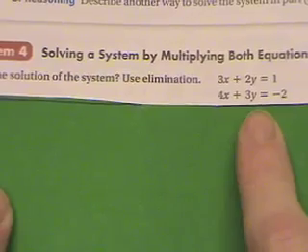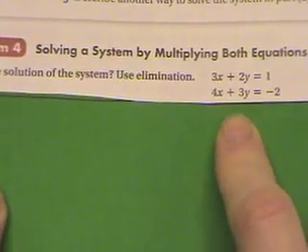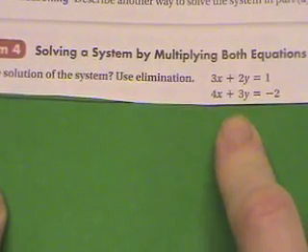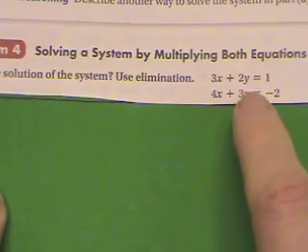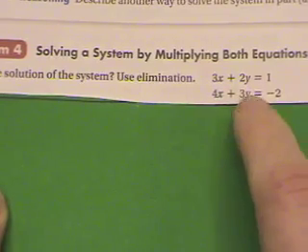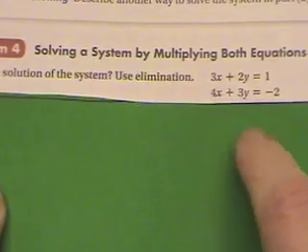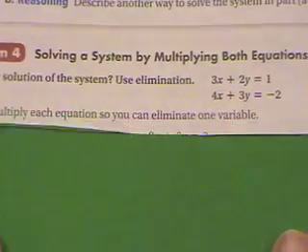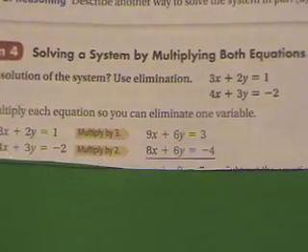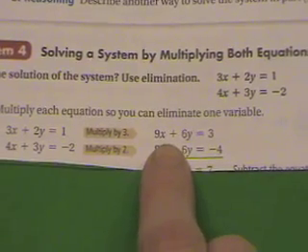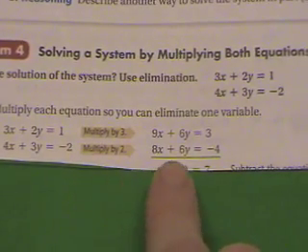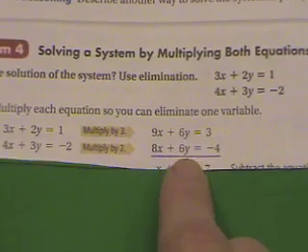And all of a sudden this feels to me a lot like trying to find common denominators so you can add or subtract. Take your pick. I'm going to choose to multiply by 3 and 2 because those numbers are smaller than multiplying by 3 and 4, which is another option. And there we go. Multiply the top equation by 3. Multiply the bottom equation by 2 so that you end up with 6y's.